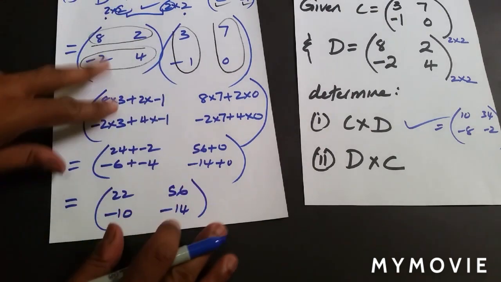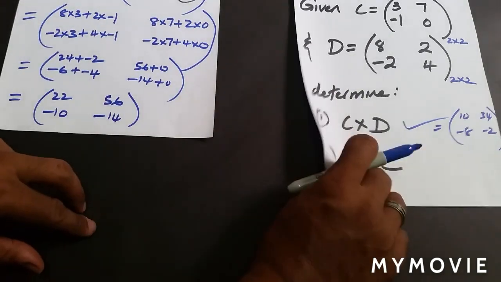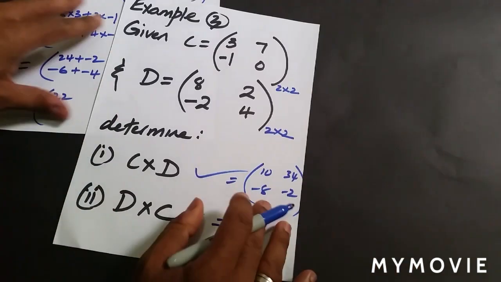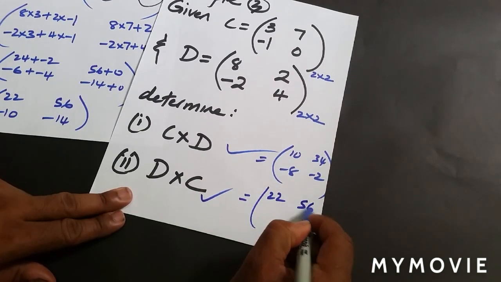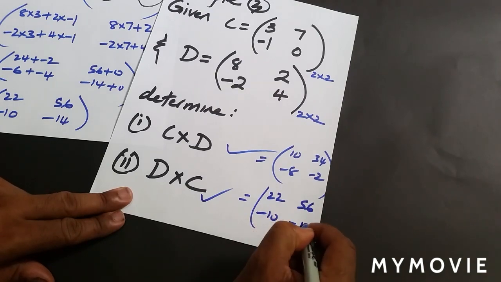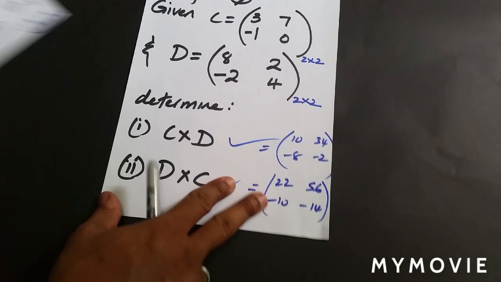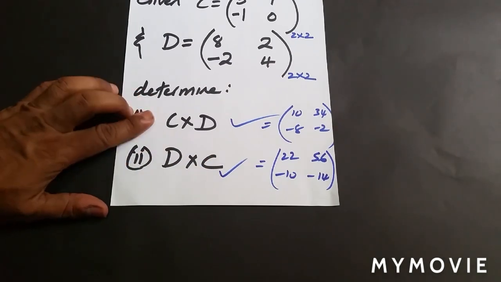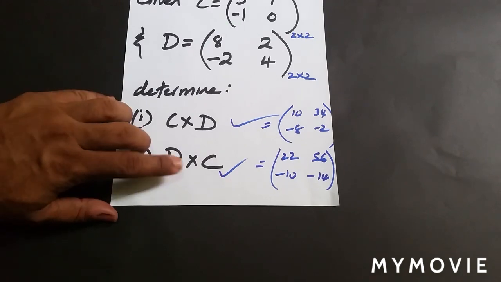So this will be the answer to D times C. So we just did this, and the answer that we got for this is 22, 56, minus 10, and minus 14, which tells us clearly that C times D is not the same thing as D times C.